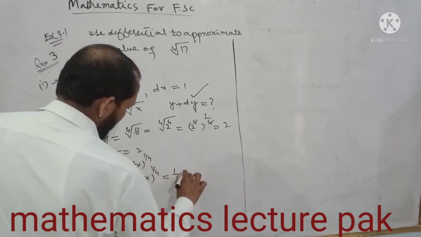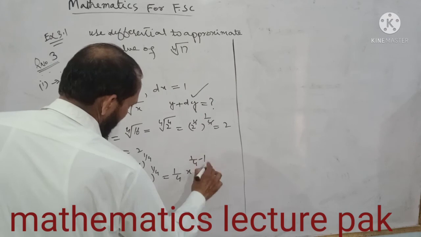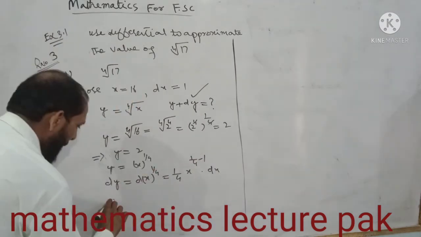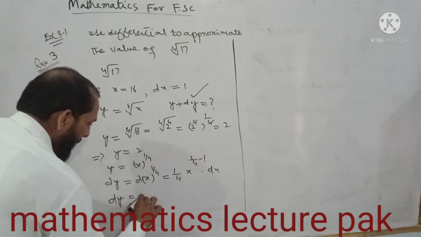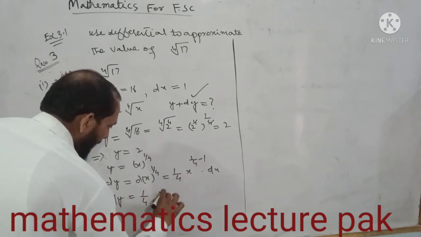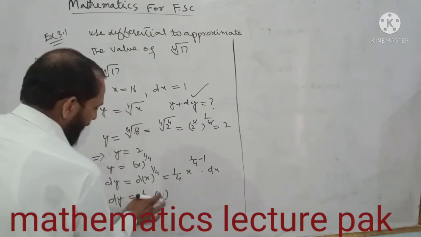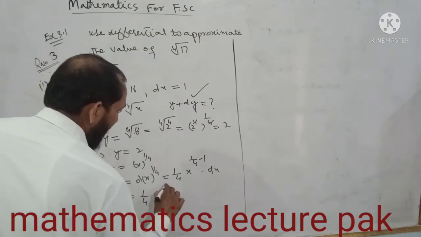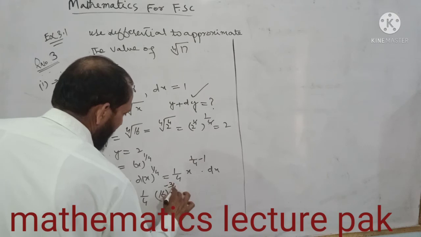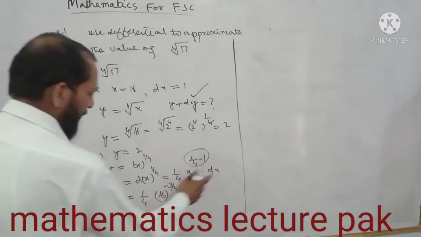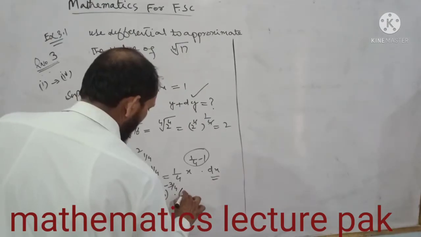We use the power formula of the derivative, and further we have dx. We put the value of x where x is 16, so 16 to the power negative 3 over 4. We can simplify this negative 3 over 4 and put in the value of dx as 1.